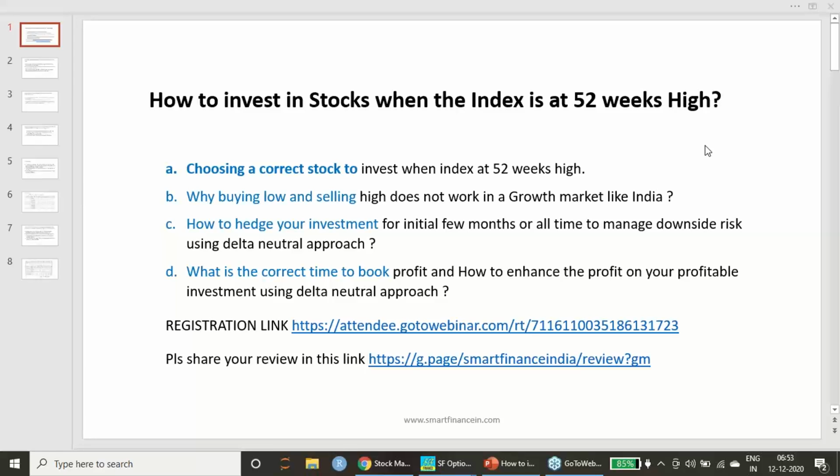Today's concepts are very new, and mostly they are followed by advanced traders and advanced investors. All these techniques are very advanced, and they are also followed by many fund managers.